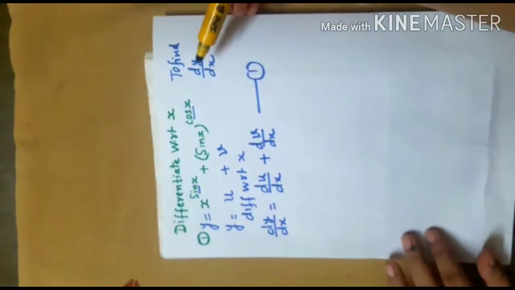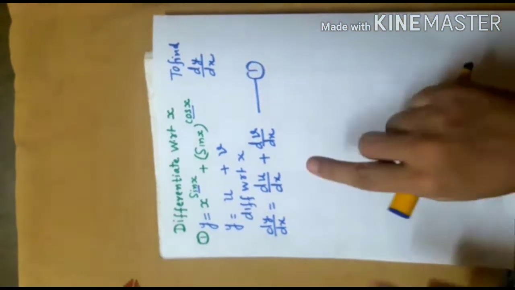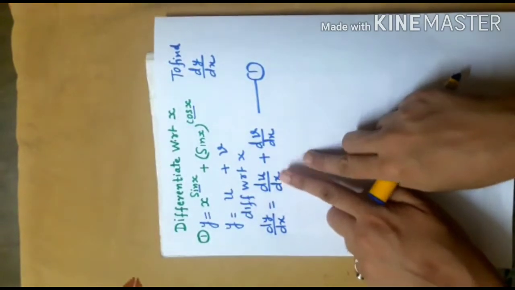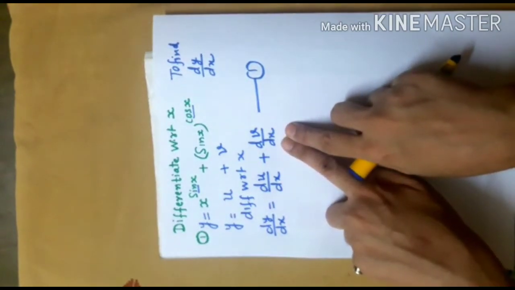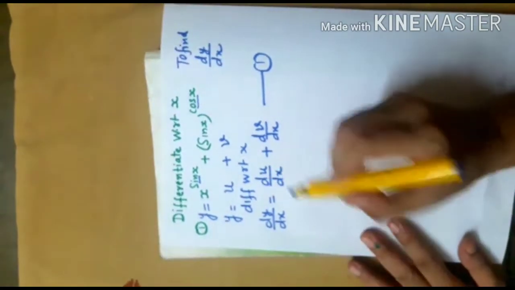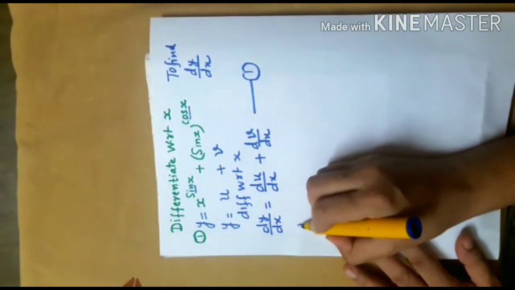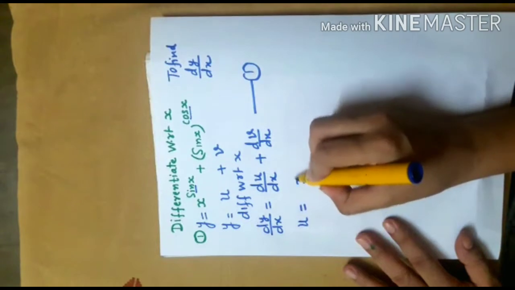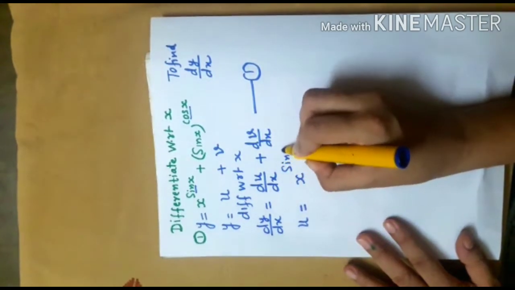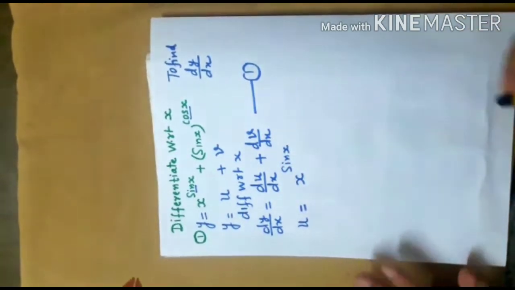So in order to find dy by dx, I need to know du by dx and dv by dx. So first we will find du by dx. Yes, u is equal to x raised to the power sin x.